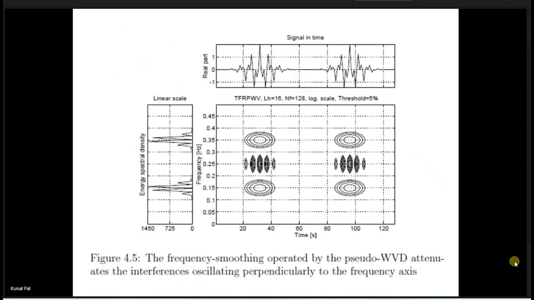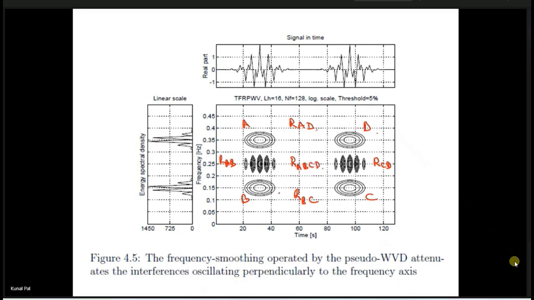Now in this case, if you see in the case of the 4 Gaussian atoms, what is happening? We were having the same A, B, C and D. Initially we were having R of AB, R of BC, R of CD, R of AD and R of ABCD in the Wigner-Ville distribution.